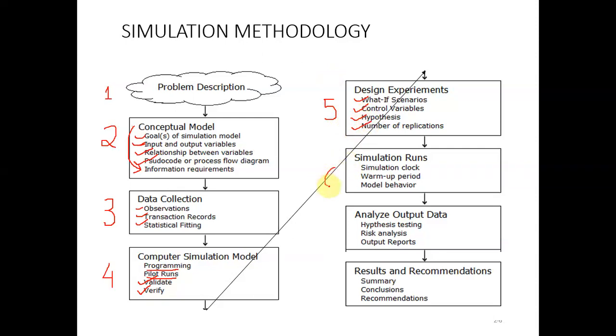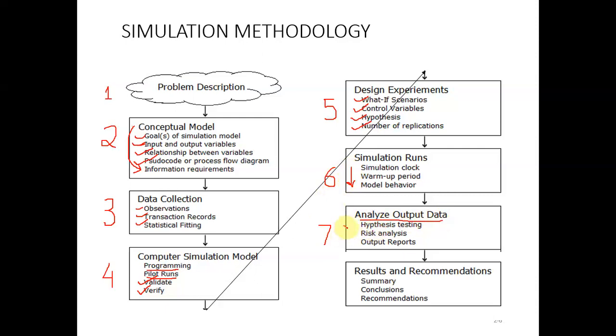Subsequently, once your experiments are designed, you start running the simulation. That is a statistical running of the simulation model. Then, after running on the training set, you run it on the test set and look at the model behavior. Then you statistically analyze the output data, the results that are generated from the simulation model.